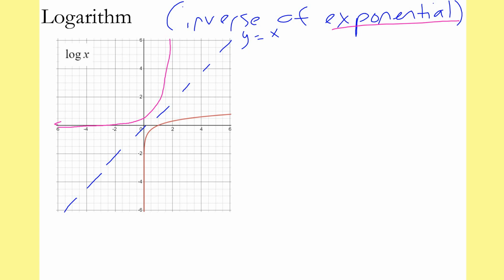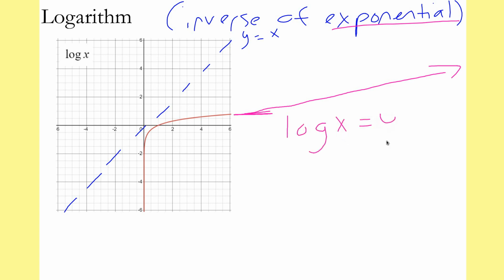But the log is what we're focusing on. So here, it's going to look like there's an asymptote over here, but there isn't one. This is steadily getting larger and larger and larger. So there is no horizontal asymptote. There is a vertical one, though, because remember, we have log x equals y.